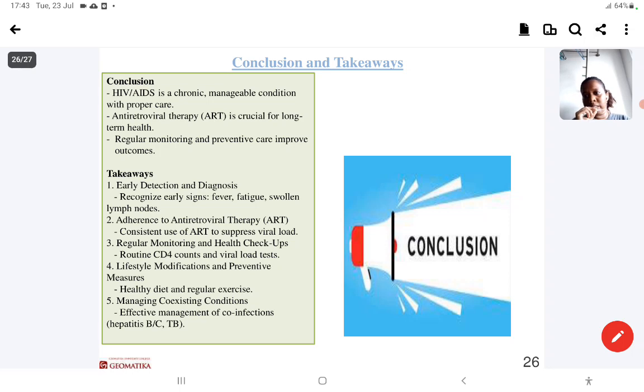Number three will be regular monitoring and health checkups, the routine CD4 count and viral load tests. Number four will be lifestyle modification and preventive measures, based on healthy diet and regular exercise. The last one will be managing coexisting conditions, based on effective management of co-infection with hepatitis B, C, and tuberculosis.